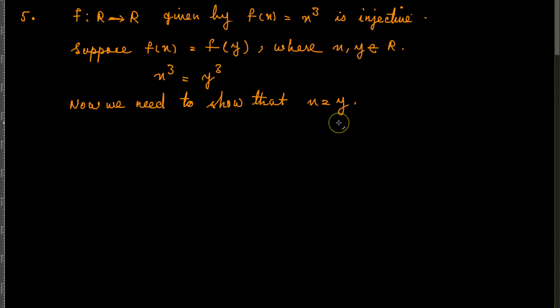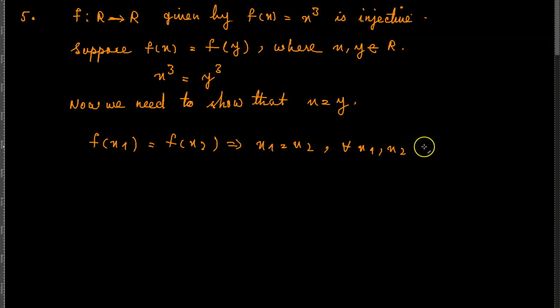The reason is that to show that the function is 1-1, we said that if f of x1 is equal to f of x2 implies that x1 is equal to x2 for every x1 and x2 belonging to the domain of the function.